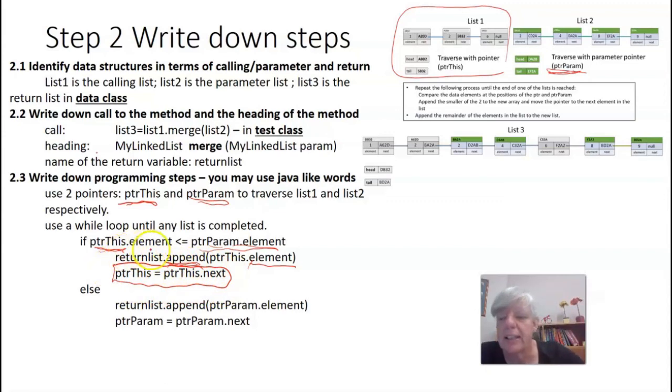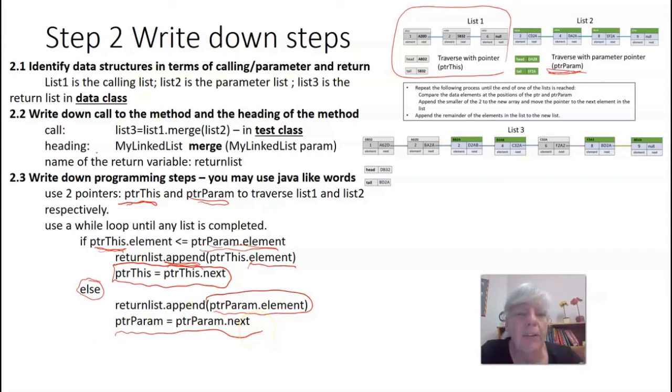So if pointer this is smaller than the parameter, do this. Else, what does the else mean? It means it is bigger than that element. So what do I want to do? I want to append the parameter pointer's element to the list, and I want to advance the parameter pointer.